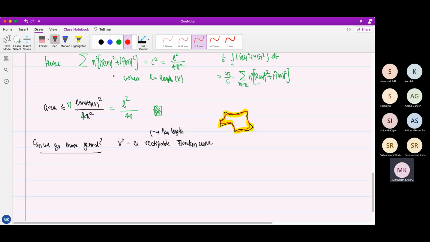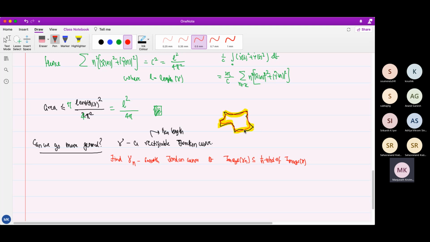So what I'm saying is, find gamma n, which are smooth Jordan curves, such that the image of gamma n is contained in, let's say, a 1 over n neighborhood of the image of gamma, and vice versa.